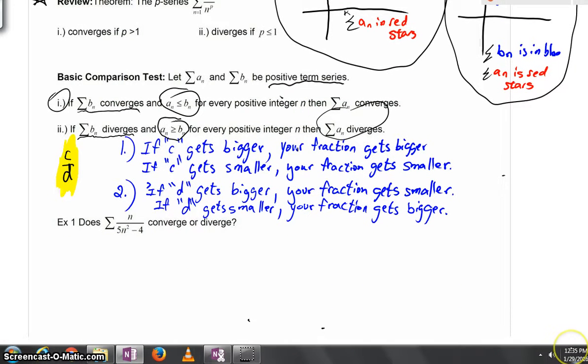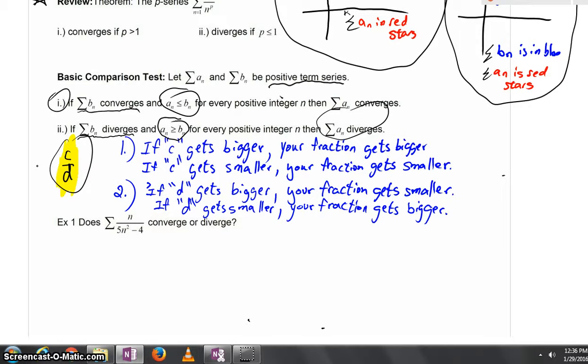Before we move on, I want to state something that might seem almost obvious, and I certainly don't mean to insult anybody's intelligence, but we must talk about this because the following reasoning is going to be employed for all of these problems. Consider a fraction c over d. If the numerator gets bigger than it was previously, your fraction obviously gets bigger.